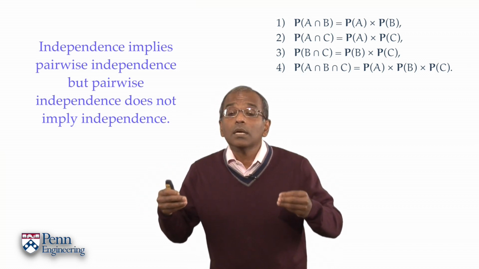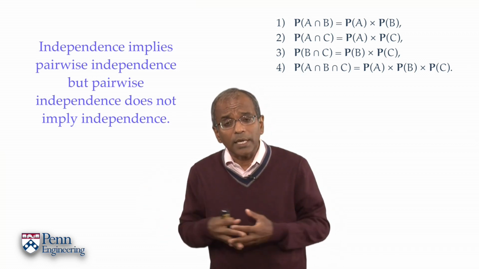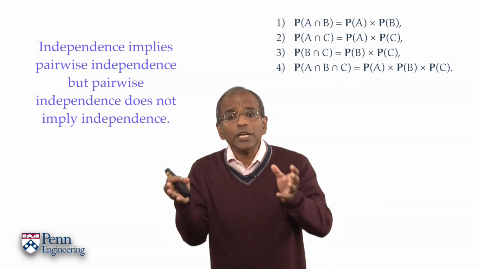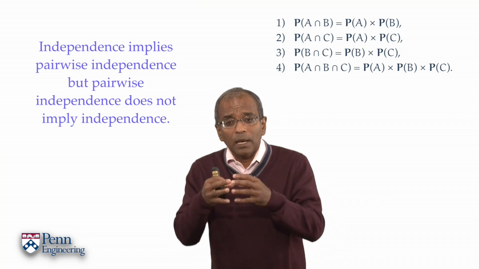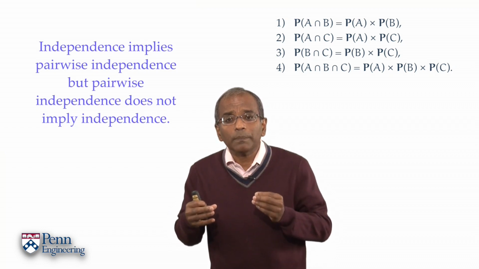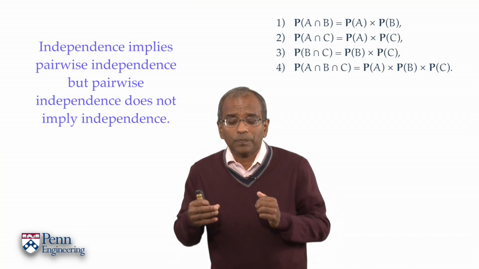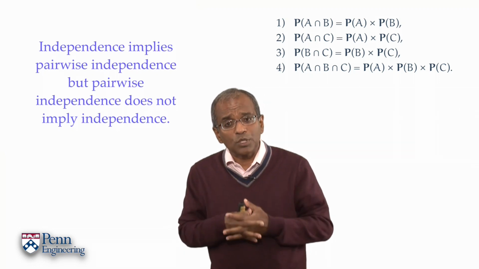Pairwise independence does not imply independence in general. And indeed, these 4 relations that describe independence for 3 events at a time are inseparable, in the sense that no 3 of them imply a 4th. I will let you explore examples along these lines in your problems for solution.